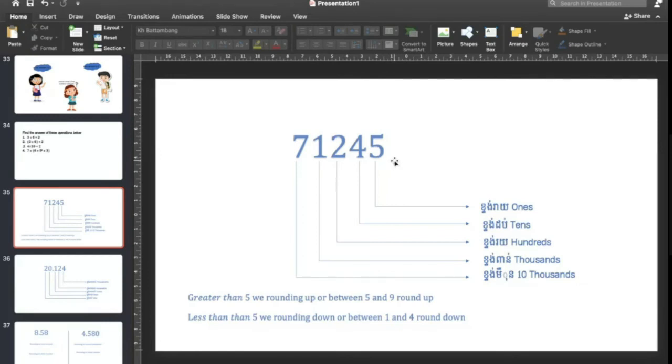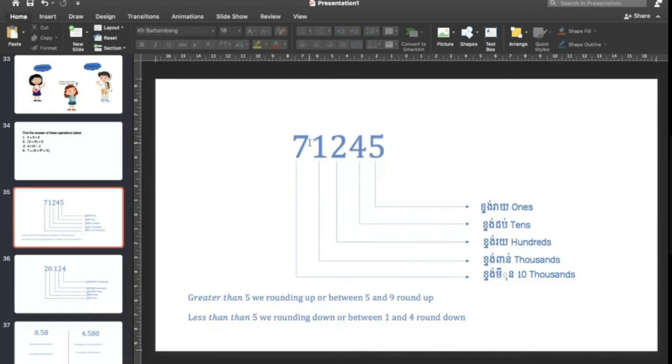Let's say another example. I want you to round this number to the nearest 1000. What is the target digit of this number? Number 1.